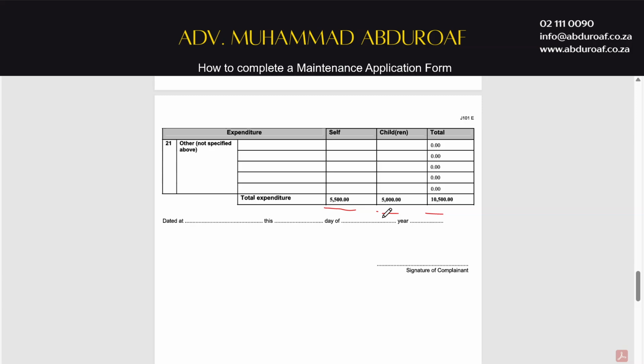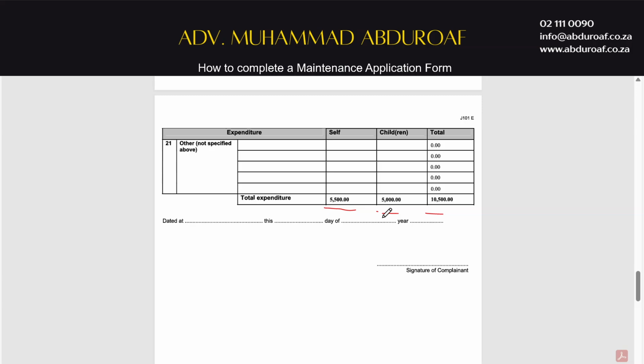But if the father, for argument's sake, has an earning capacity of, let's say, 50,000 Rand per month, he earns 10 times what the mother earns. So even if he pays a maintenance of 5,000 Rand per month, which the mother claims, and his expenses are, let's say, 10,000, he might still have 35,000 Rand left per month.